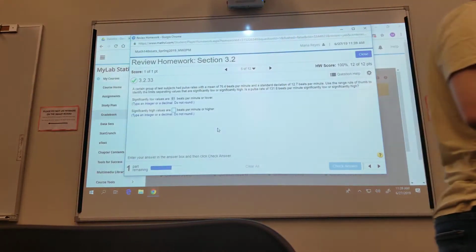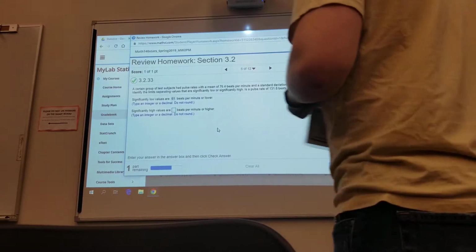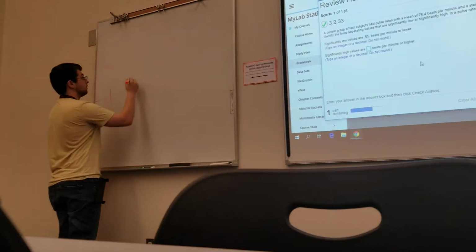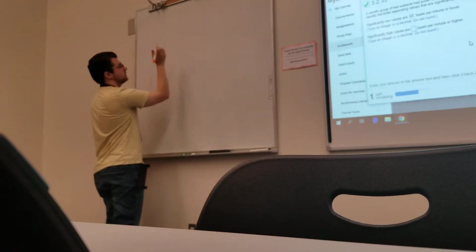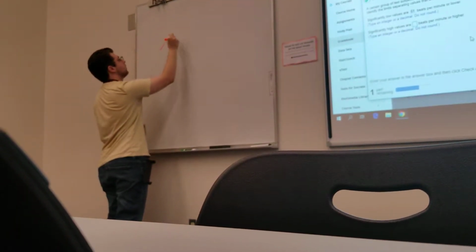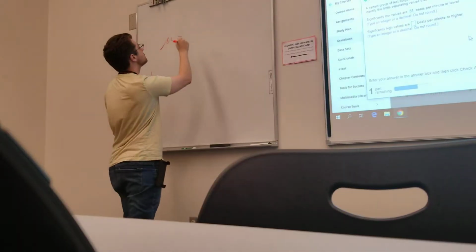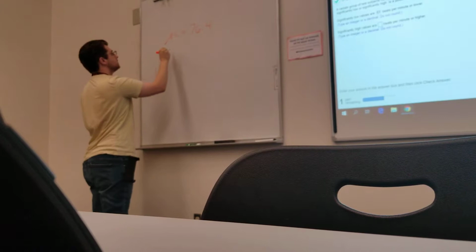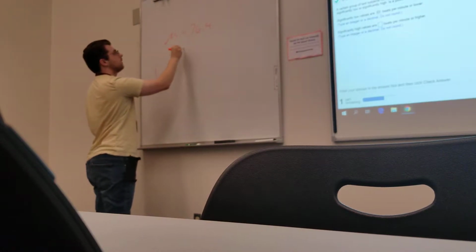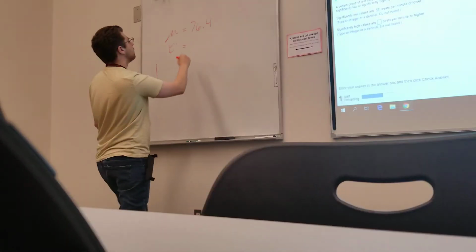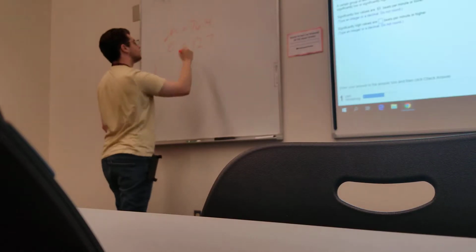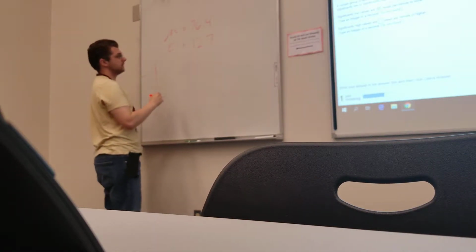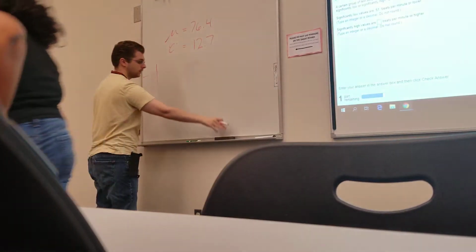So to find if something's low or high, we have to take our mean and our standard deviation. For the low and the high values, we take our standard deviation and multiply by 2.